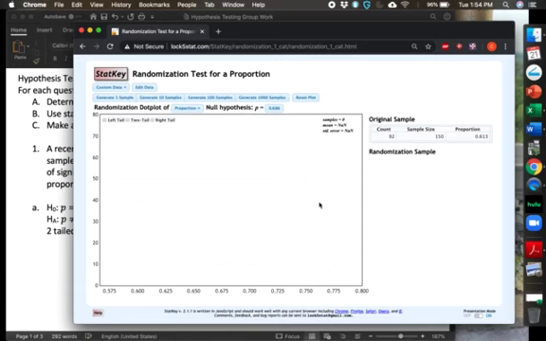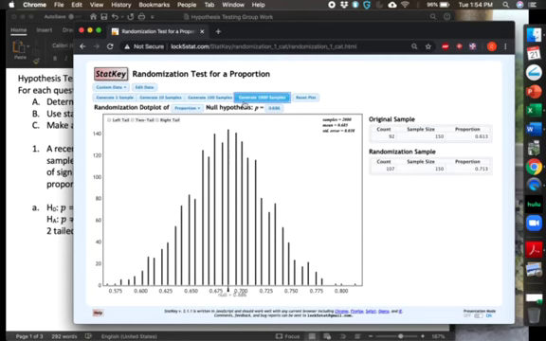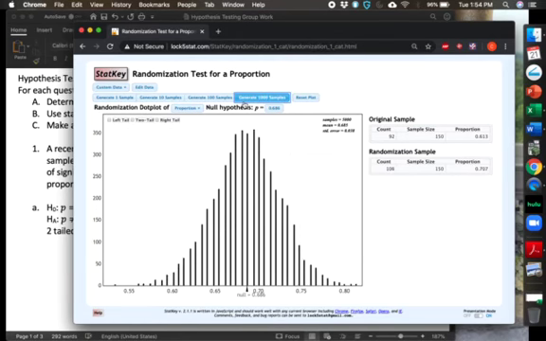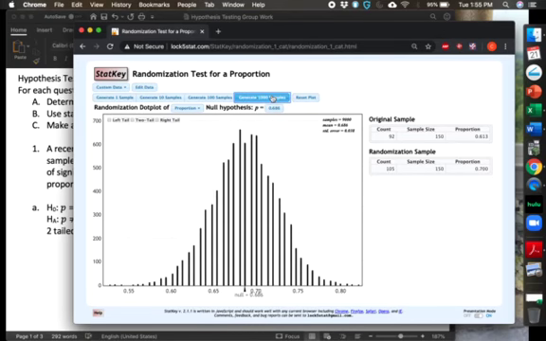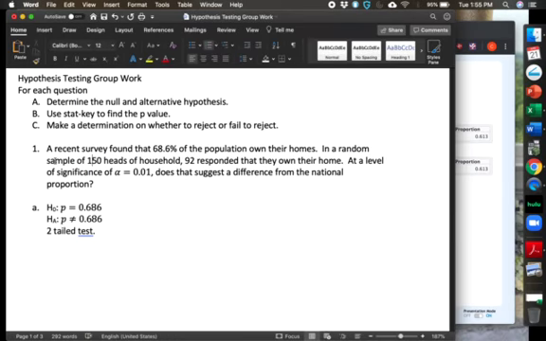Now that the null hypothesis has been entered and my data has been entered, we can now finally generate our samples. We're going to generate that Monte Carlo, our 10,000 samples. If you made 11,000, if you made 9,000, it's not going to dramatically change our p-value, but I'm always going to try to make 10,000. What did we say? Was this left-tailed, right-tailed?